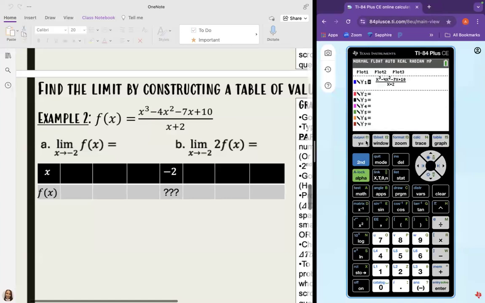Did I type that right? Yeah. Okay. All right. Double check all your signs. Make sure you're good. And now we need to know the limit as x approaches -2 of f of x.